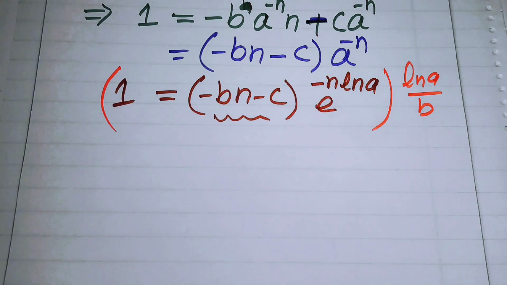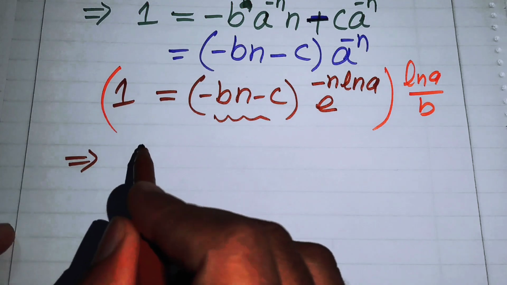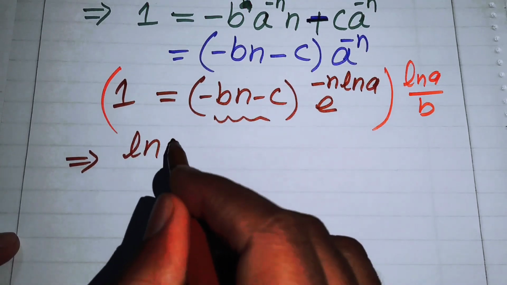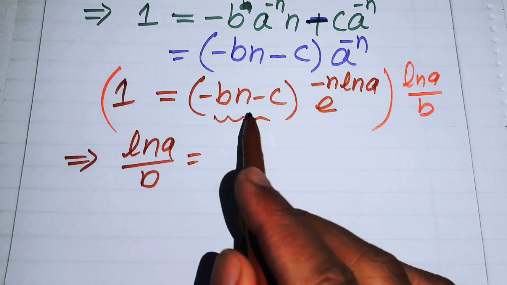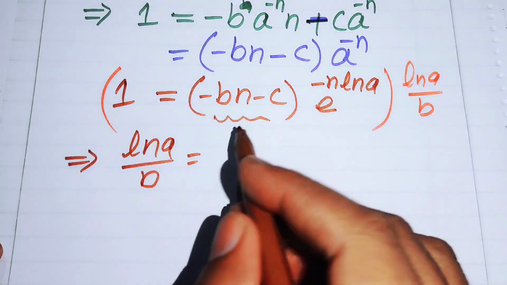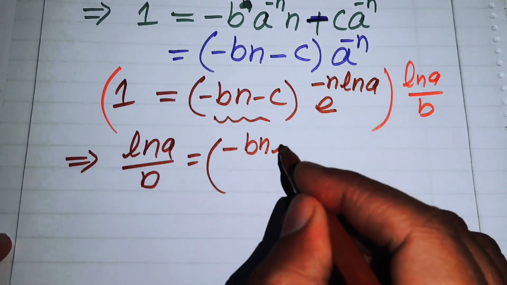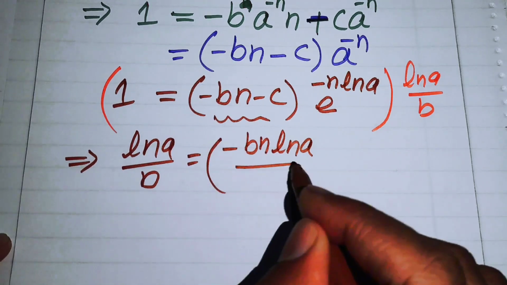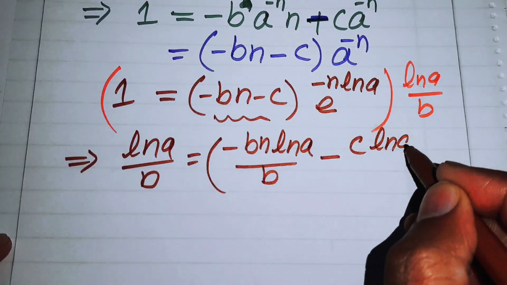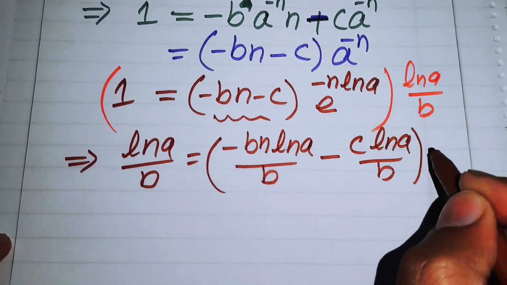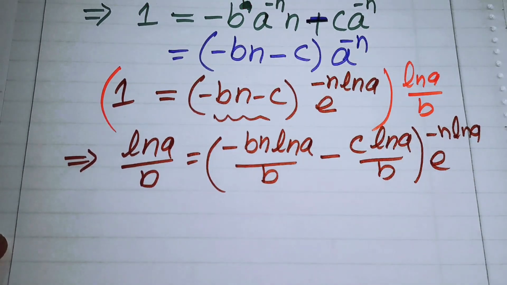When you multiply this value on both sides, then in the left hand side we have log of a over b equals to, we multiply both terms by log of a over b. So here you get minus bn multiplied by log a over b, and you have minus c times log a over b into e to the power of minus n times log a.